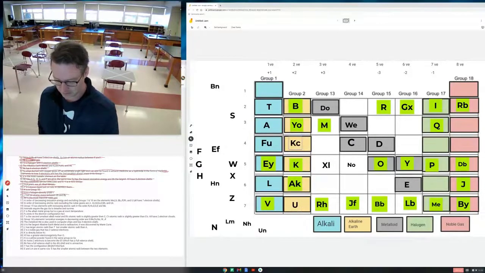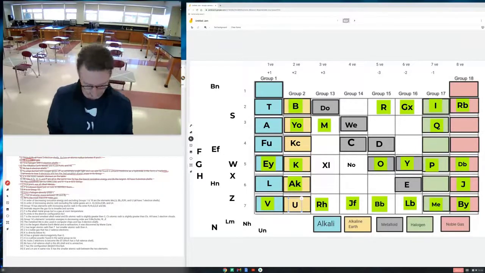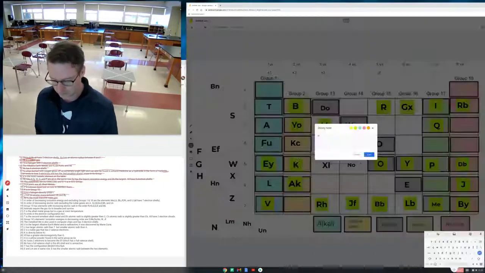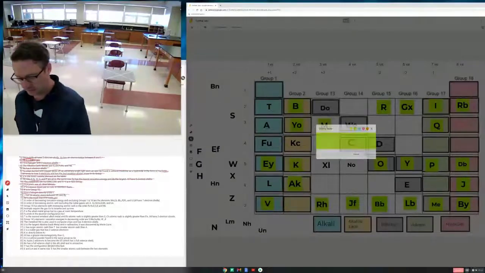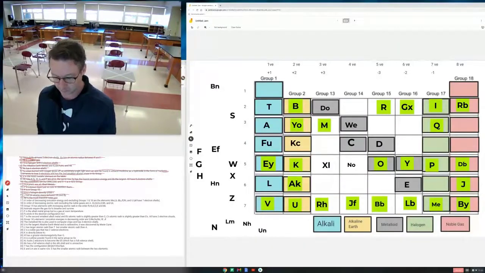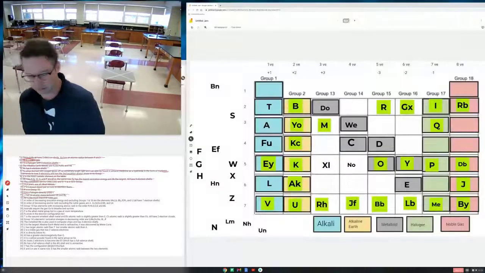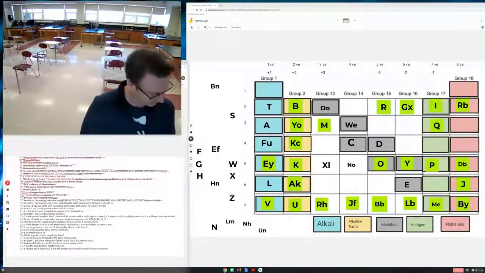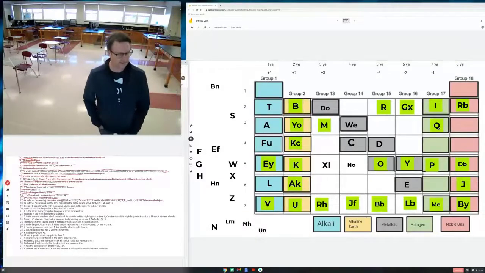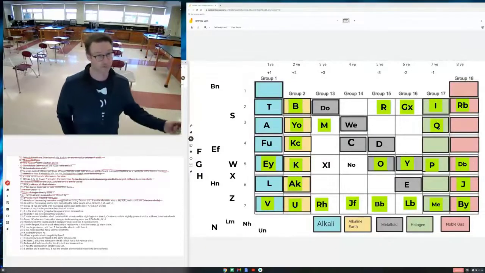So if I trade around, now I have U, which is the last element in that list. So that's definite. And since there's nowhere else, we know Kc is an alkaline earth metal, all the other spots are locked in. I can now say for sure that Kc is locked in that spot. We've got that one done. In order of decreasing atomic radii, so atomic radii decrease from left to right.